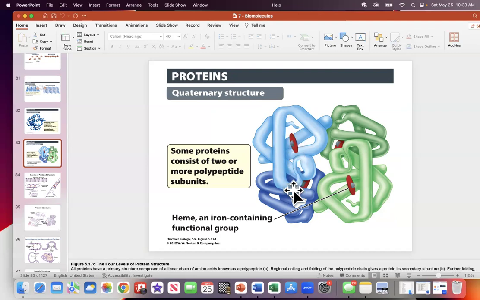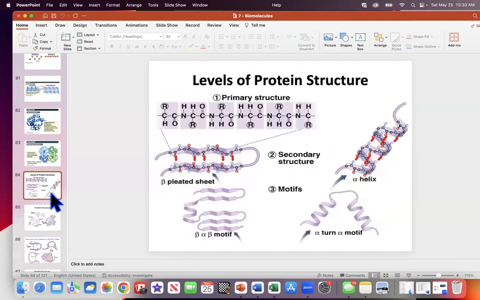The reason is the center, this red one, is iron, and it binds with oxygen. Each hemoglobin is made of four 3D structures, so you actually have four oxygen binding sites.